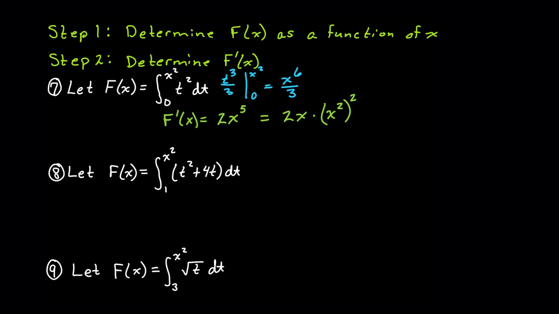All right, so on the next one, if we take the antiderivative, it's going to give you t cubed over 3 plus 2t squared, evaluated between 1 and x squared. Substitute x squared in, you're going to get x to the 6th power over 3 plus 2x to the 4th power, and then minus, and then plug in the 1.